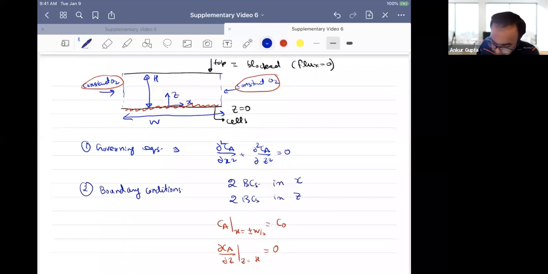So simply, you can imagine that this is the cell layer, and below the cell layer there is basically no flux. So this is phase one, this is phase two, and n hat is Ez. So I'm doing an interfacial balance.